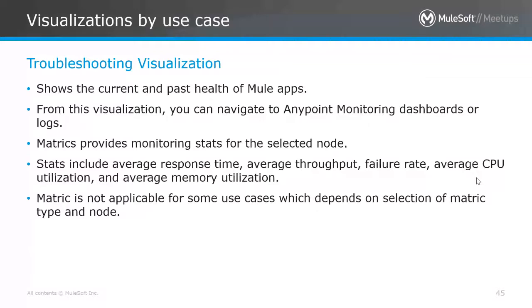Metrics provide monitoring stats for the selected node. As I said, the metric is nothing but the stats of your application. You will see the option to choose different types of metrics. There are a total of 4 or 5 types of metrics, like average throughput, average response time, failure rate, CPU and memory utilization.